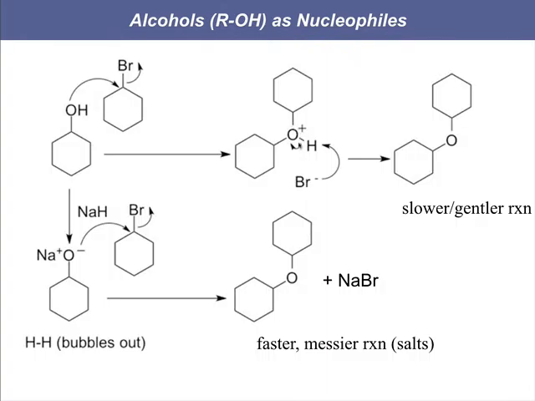We need one more step to complete this reaction. To end up with a neutral oxygen and a neutral molecule that's purely organic, we need to remove this hydrogen. So the second step involves the bromide, which was our leaving group. Remember, we displaced bromide in the first step. It will come back and donate its electrons and grab that hydrogen.